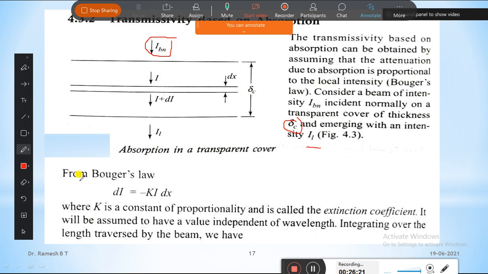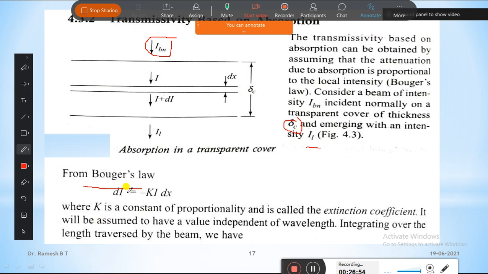Clear? So from Bouguer's law, dI means a small amount of radiation, where d represents the small amount. dI is equal to minus k I dx. Why are we considering the small amount? If we consider a small amount, we can integrate and get the result for the entire system. Here k is the constant of proportionality, which is called the extinction coefficient.